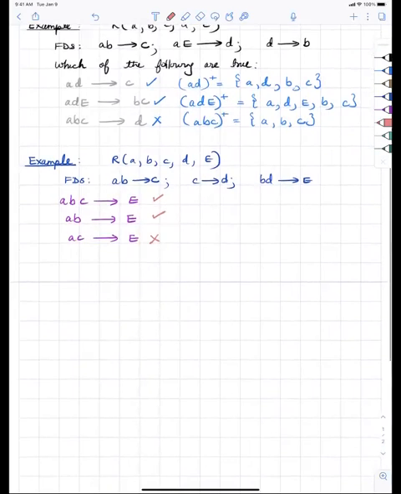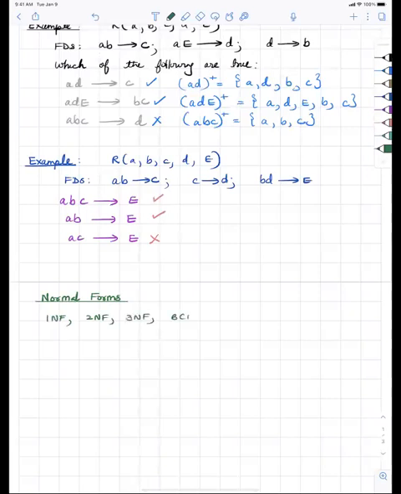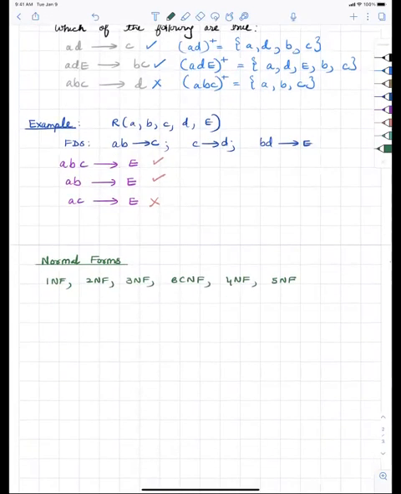Just summarizing what I did in an earlier class, there are several normal forms: first normal form, second normal form, third normal form, Boyce-Codd normal form, fourth normal form, and fifth normal form.